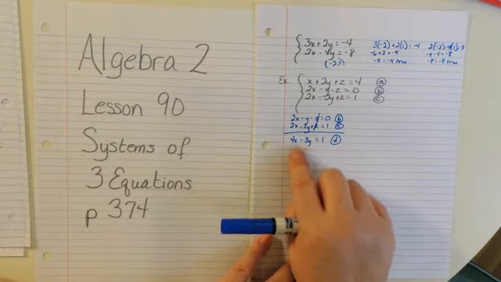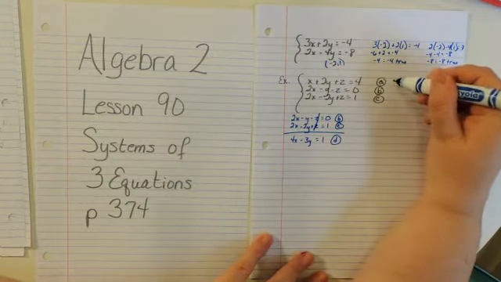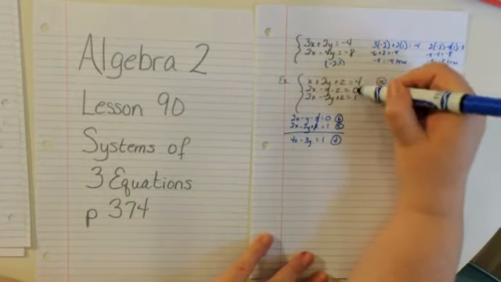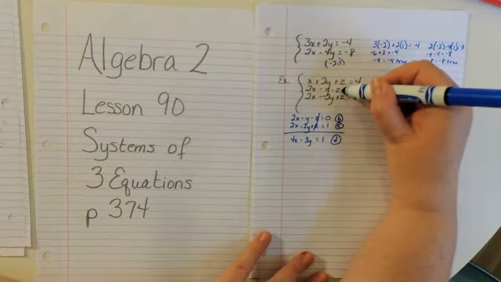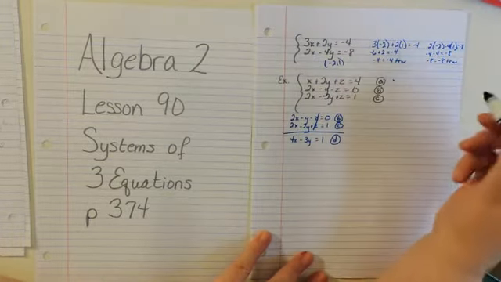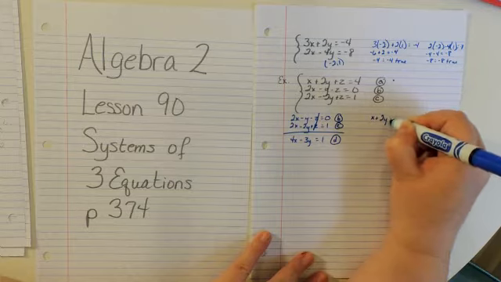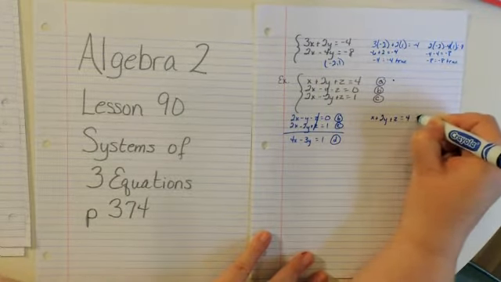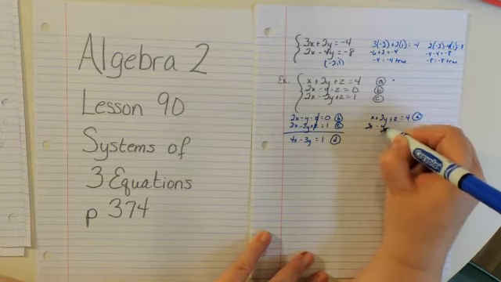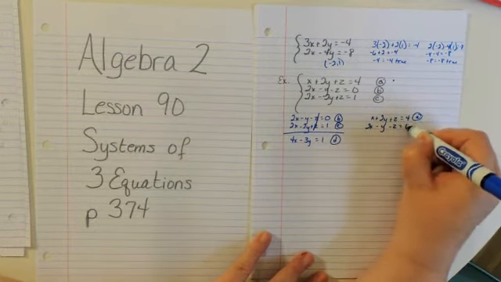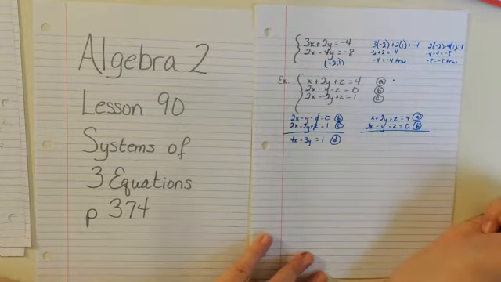We need another one so we can solve for one of these. So this time we're going to use A and one of these equations. It would make sense to use A and B because once again we can add those together and eliminate the z. So we're going to use x plus 2y plus z equals 4, which is A, and 2x minus y minus z equals 0, which is B, and add these together.